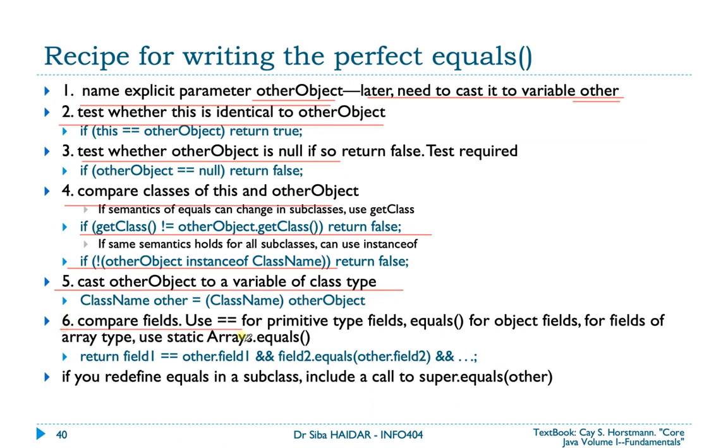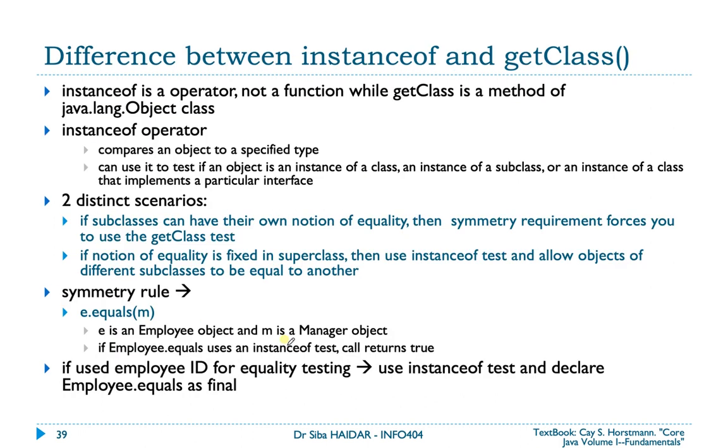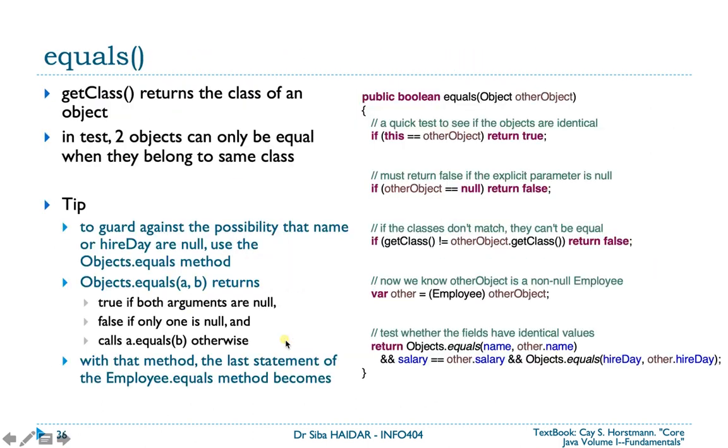And then compare the fields using == for primitive types, equals for object fields, or Objects.equals to prevent null dereferencing, and use Arrays.equals if you are comparing fields of type arrays. And here we said it here.